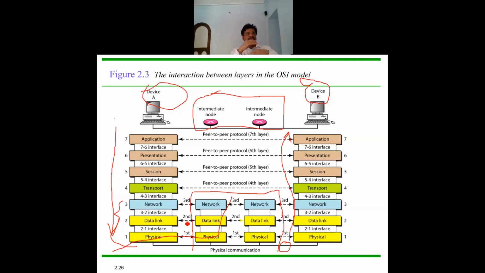This actually defines the physical data rate, maximum transmission distance, and modulation scheme. Just remember all these, the channel access method and the type of physical vectors that are used.